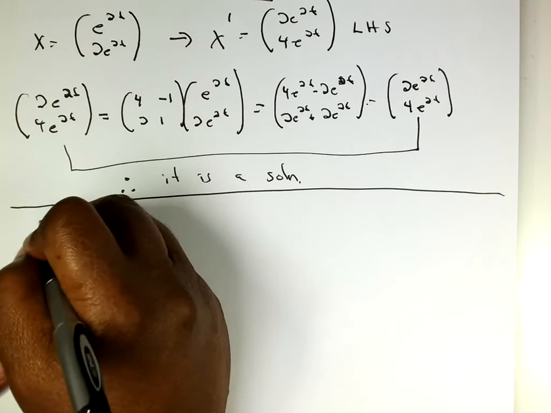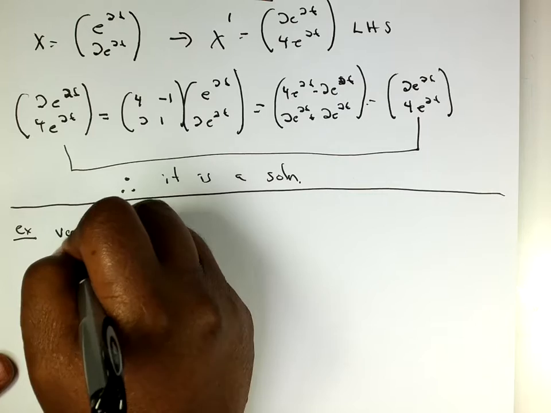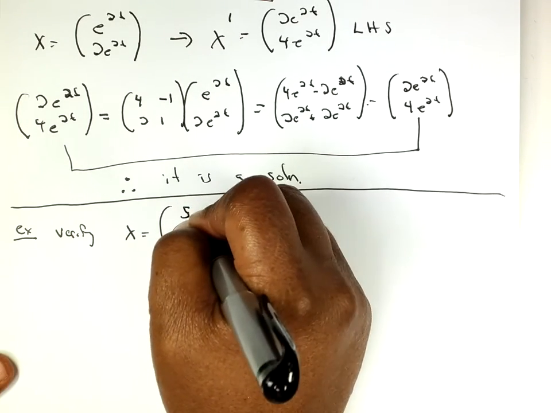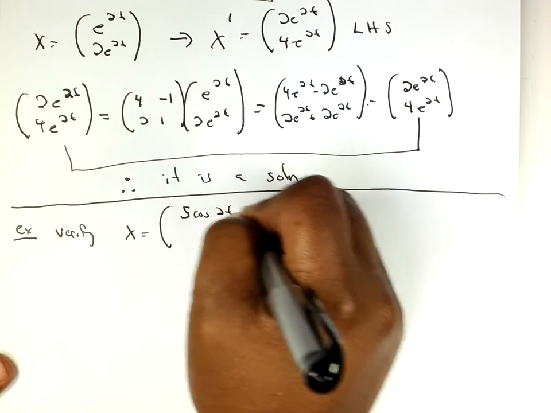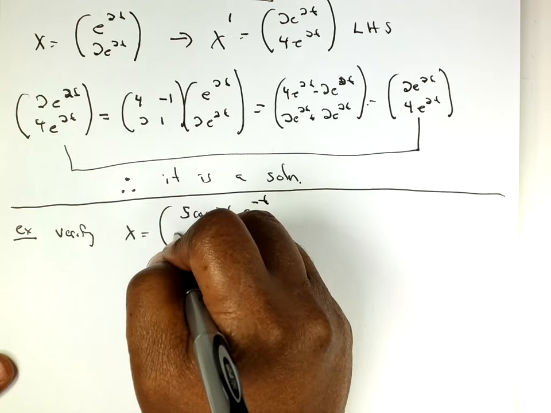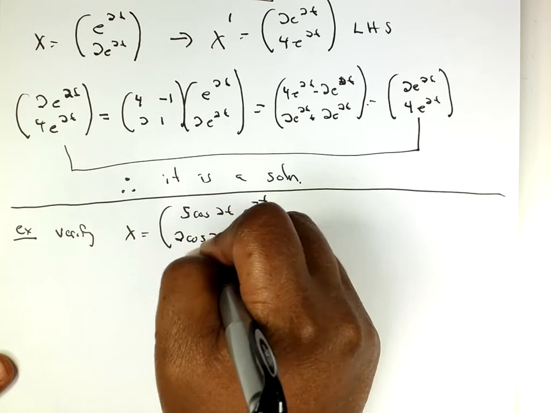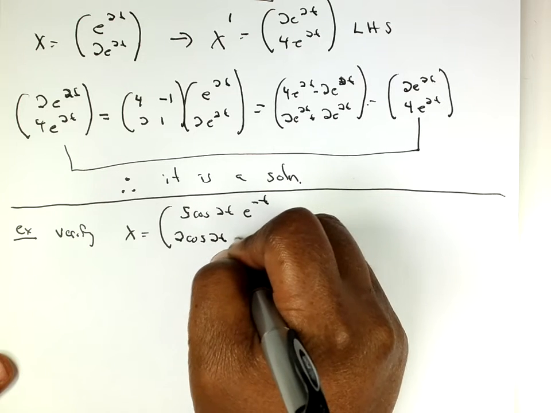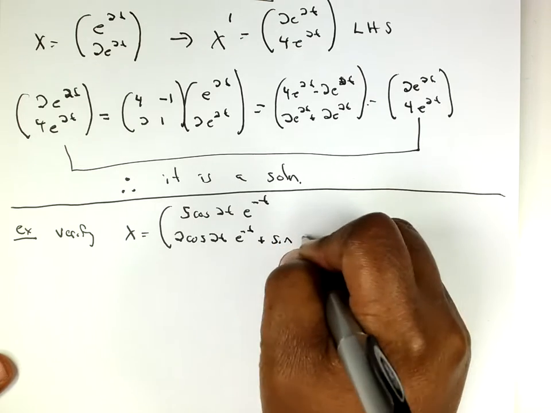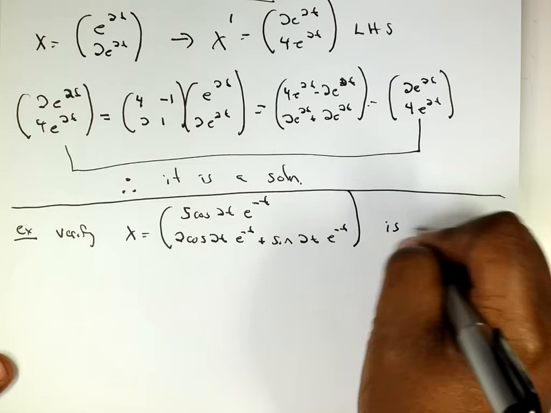Alright, here I want to verify x equals 5 cosine 2t e to the negative t and 2 cosine 2t e to the negative t plus sine of 2t e to the negative t is a solution.